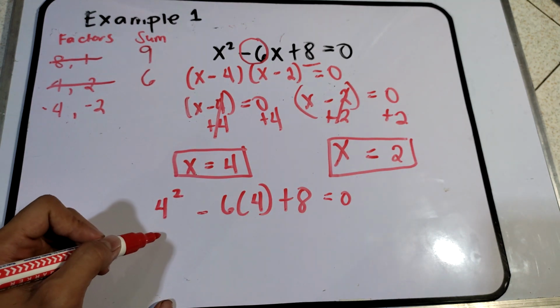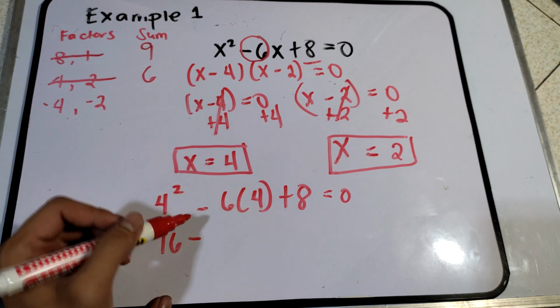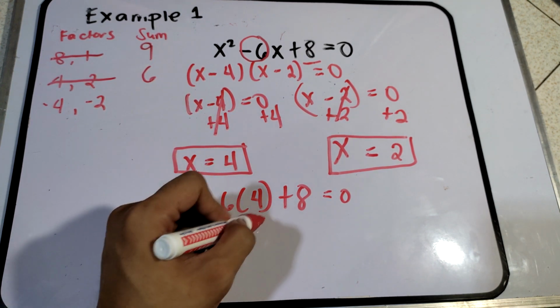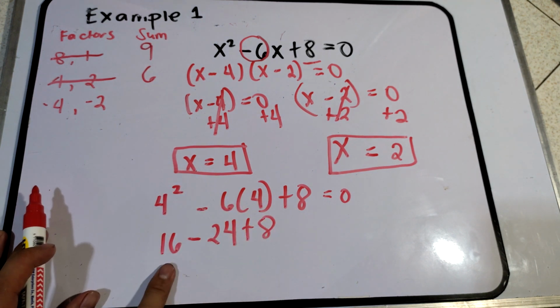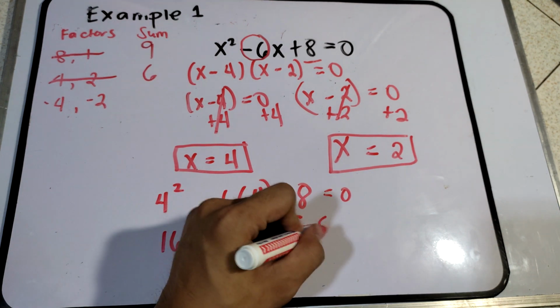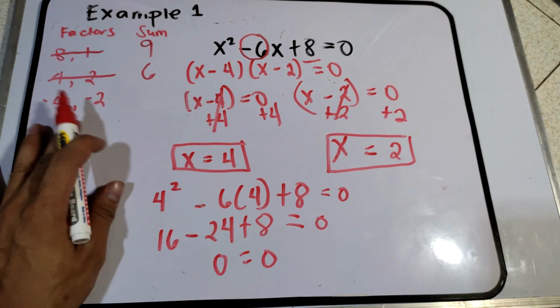So, 4 times 4 is 16 minus 6 times 4 is 24 plus 8. So here, 16 minus 24 is negative 8 plus 8 is equal to 0. 0 is equal to 0. Meaning to say, yung 4 natin is tama.